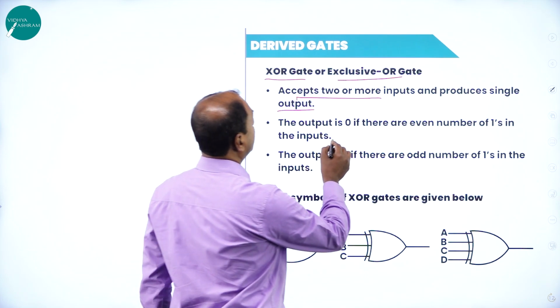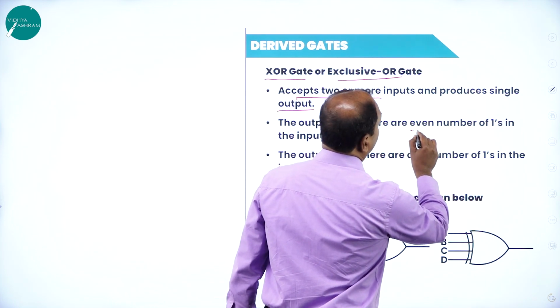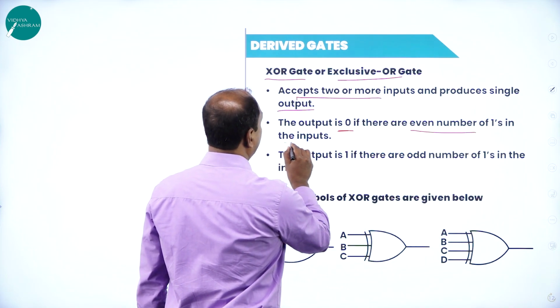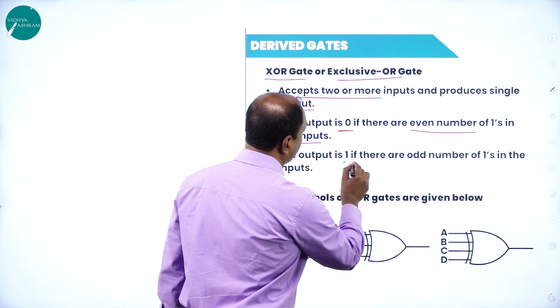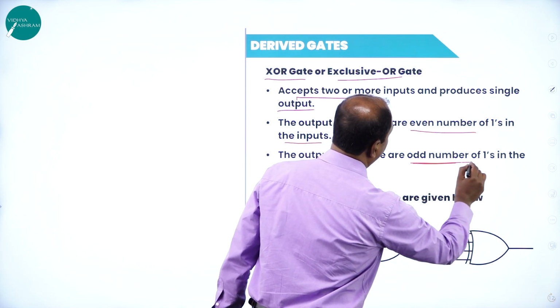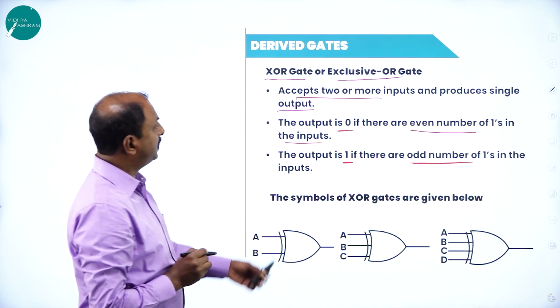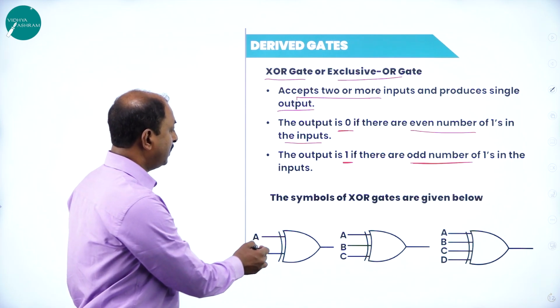The output is 0 if there is an even number of ones in the input signal, and the output is 1 if there is an odd number of ones in the input combination. So this is the definition of XOR gate.